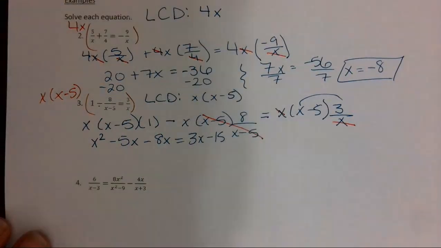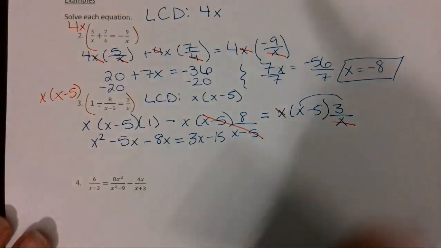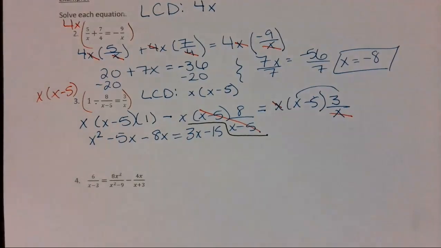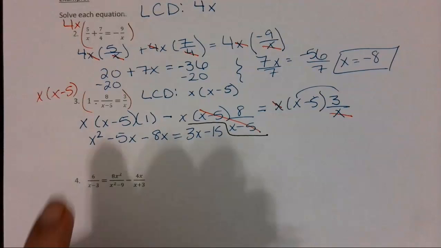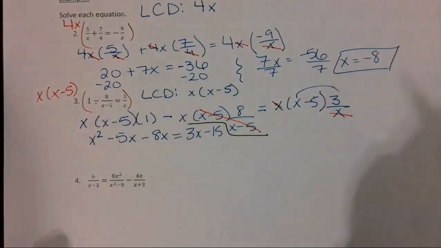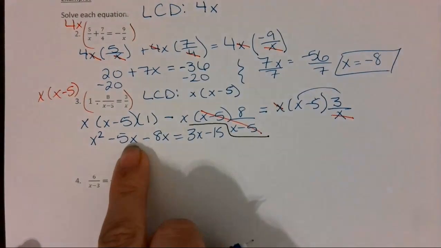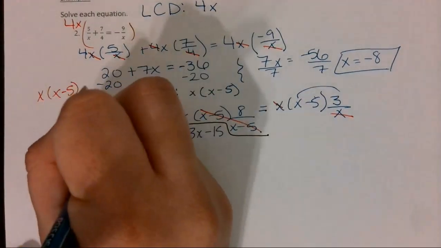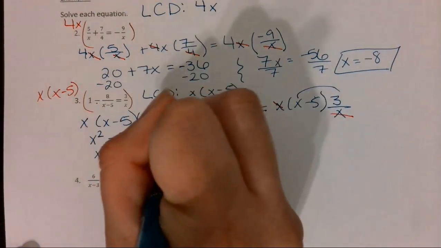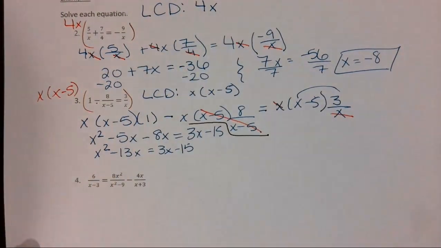Ooh. Spacing is not good. There you go. Then I want to get all my variables in, since this is a quadratic equation, I want all my variables and all my numbers on the same side. I can combine like terms first before I do that. So I have x squared minus 13x equals 3x minus 15.